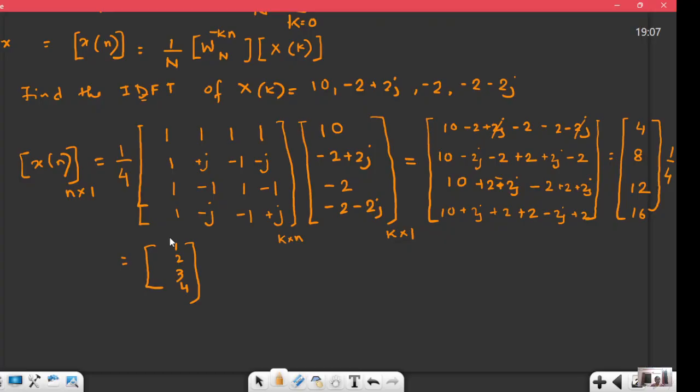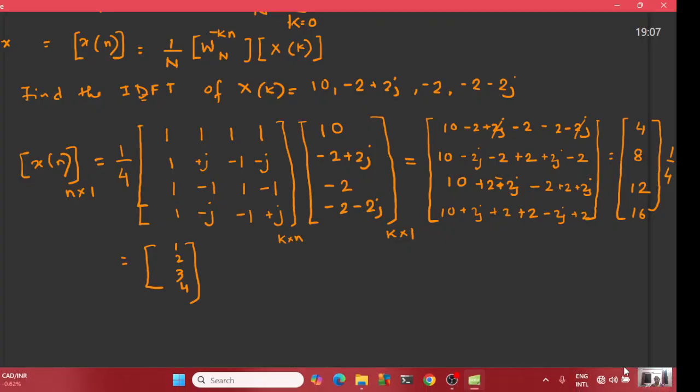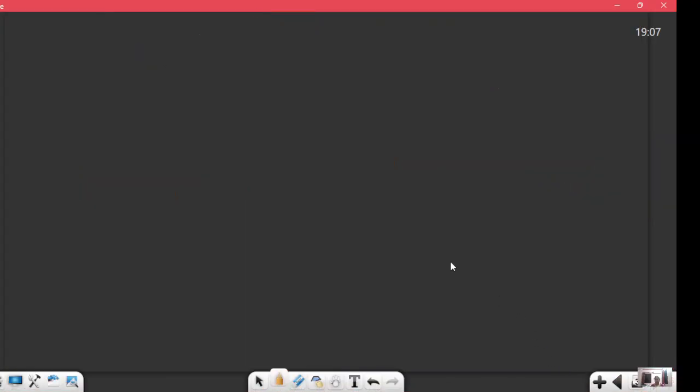Now more on the Twiddle factor. So now let us concentrate more on the Twiddle factor. What is the Twiddle factor?